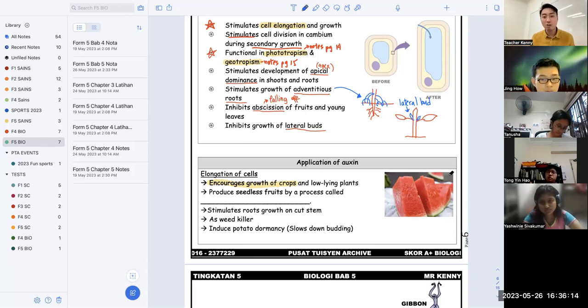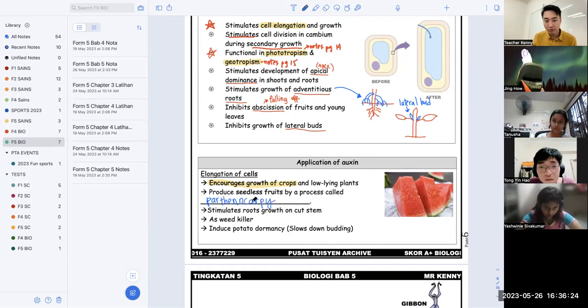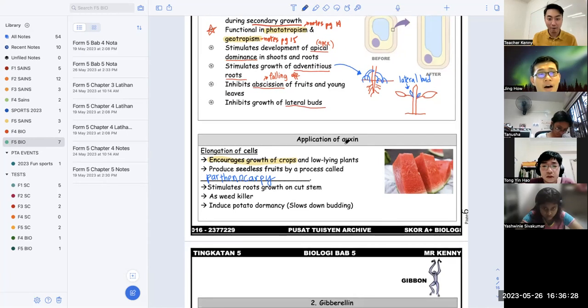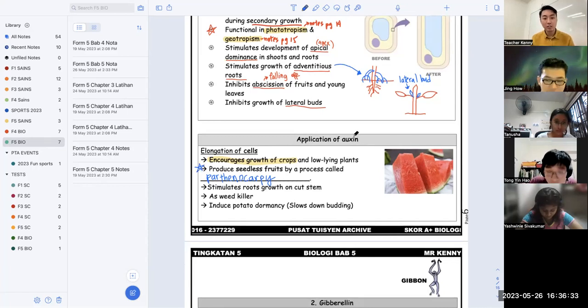So this process of making seedless fruits is called parthenocarpy. Important. Parthenocarpy.